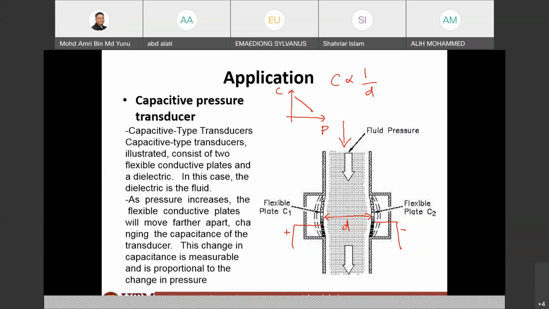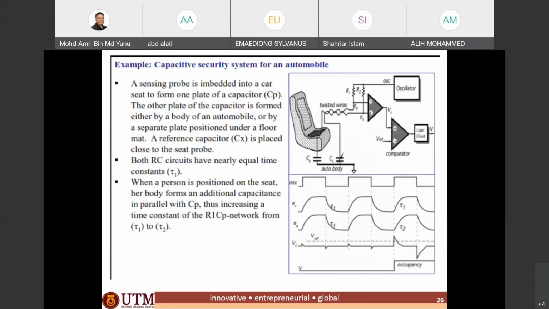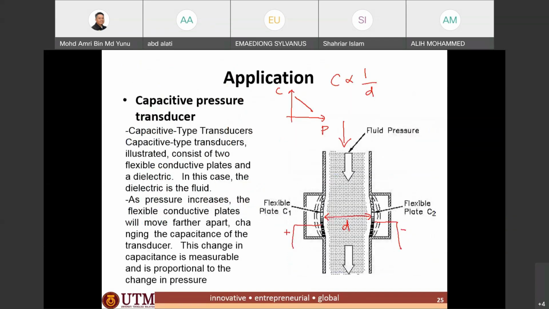A few options: use capacitance to voltage conversion. So here we have the capacitance change due to the pressure.